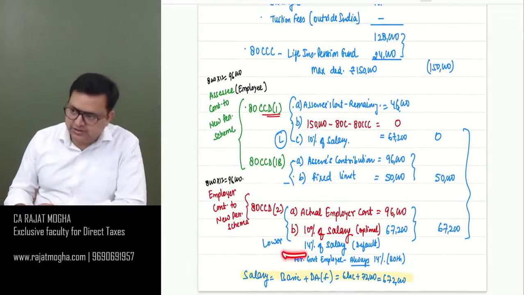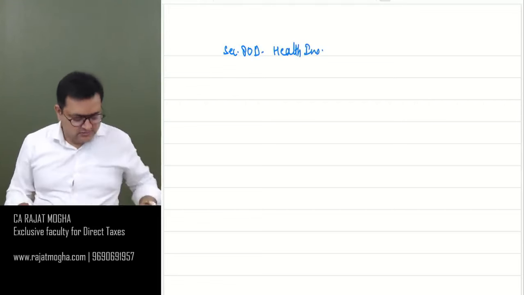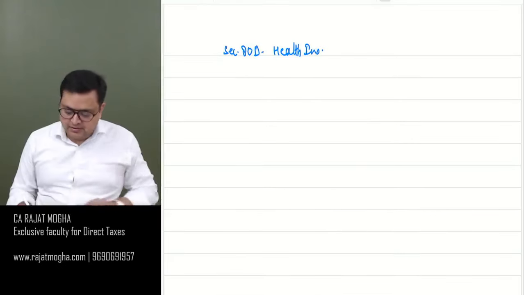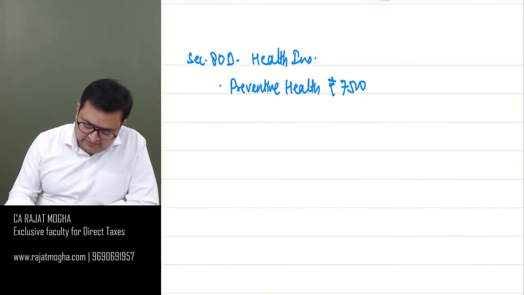To come back to your question, in section 80D for health insurance, for preventive health checkup, it is 7,500, but we will get maximum rupees 5,000.